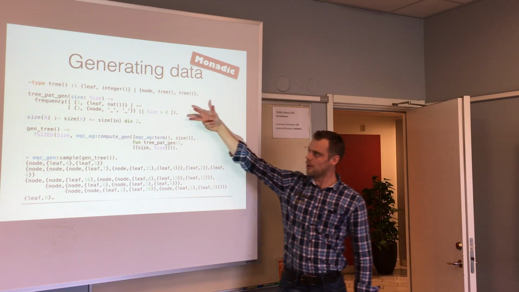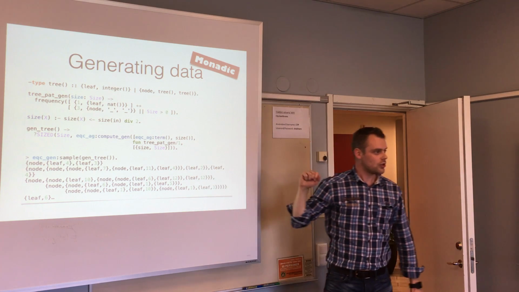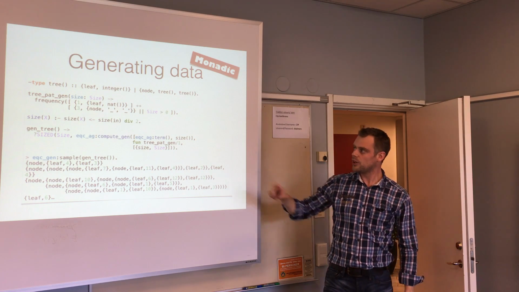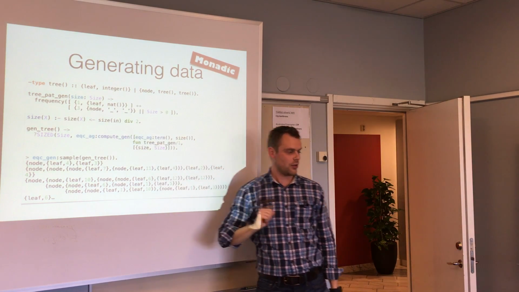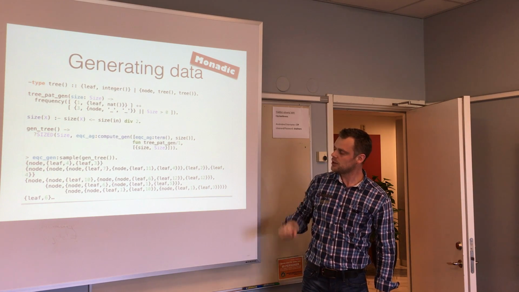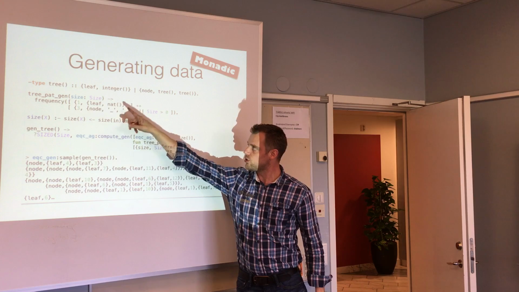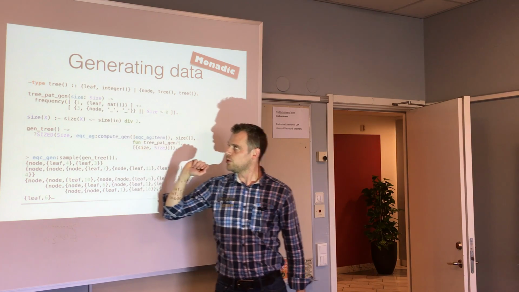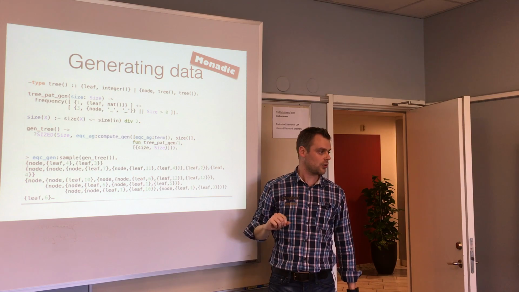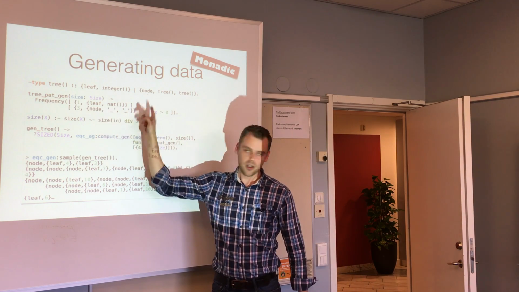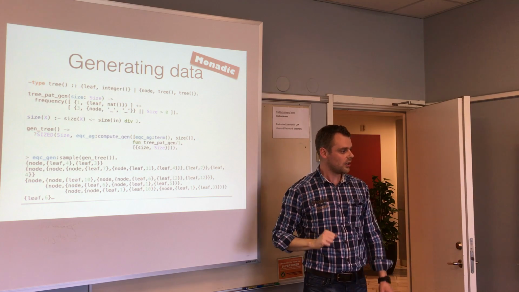Then our pattern function should return not a term with placeholders, but a Quickcheck generator. So in this case, for a tree, we use a frequency. We choose more nodes than leaves, and we have an attribute, in this case called size. If the size is larger than 0, then we are allowed to generate nodes.